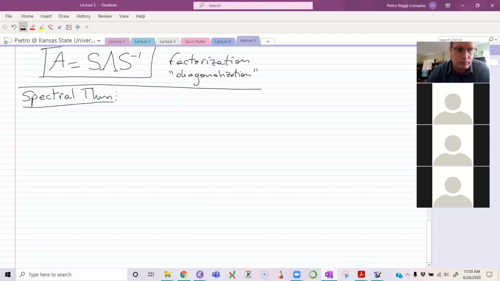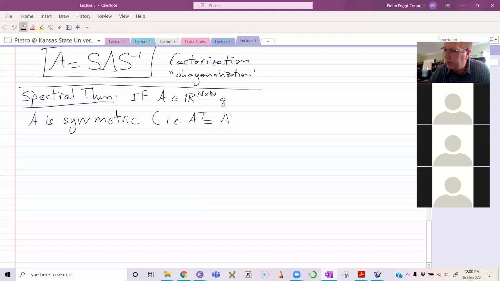So if you have A, n by n, a square matrix which is real, and A is symmetric, meaning, if you remember, that it's equal to its transpose, then what happens? Do you remember?